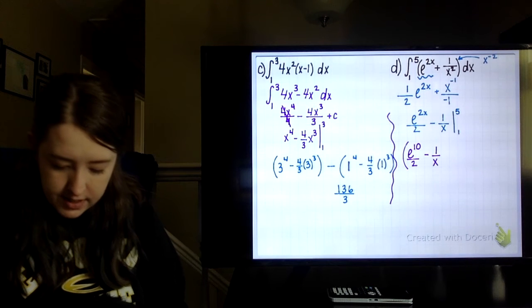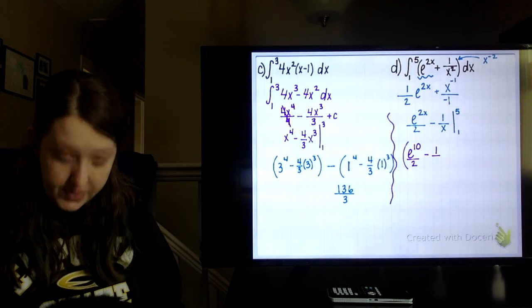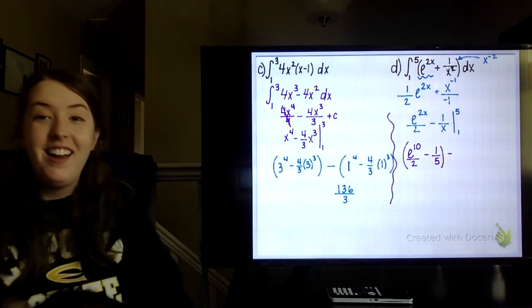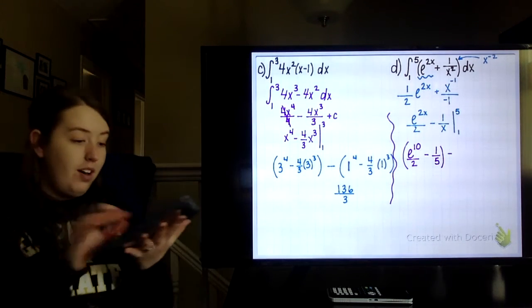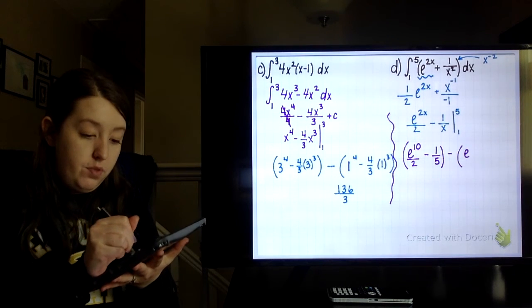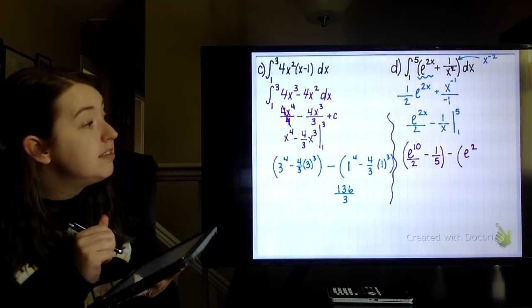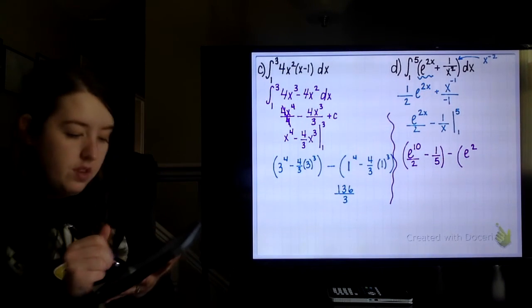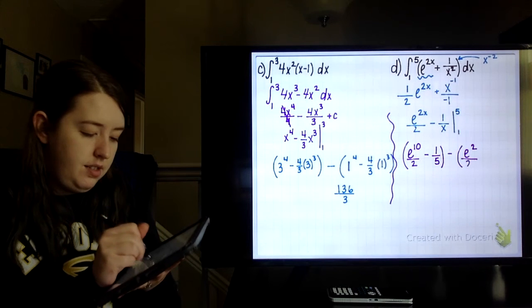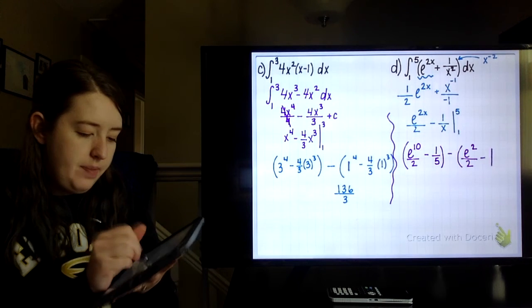Oopsies, not x, 1 over 5. There we go. All right, and then we will plug in 1. So we'll have e to the second, because 2 times 1 is 2, over 2 minus 1 over 1, or just 1.